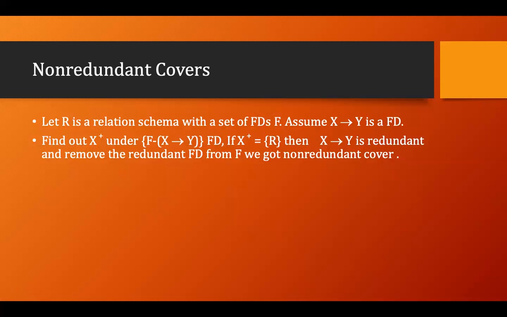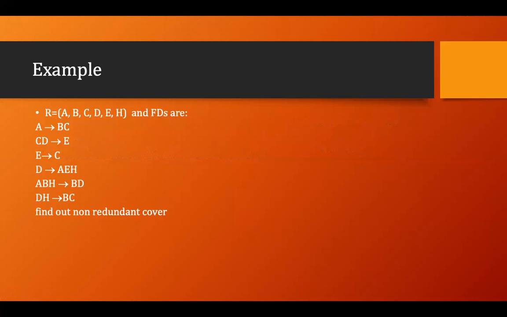Now let's see this in the form of one example. So this is one example. In this example, we have a relation R or a table R in which we have different attributes A, B, C, D, E, H. So these are my attributes. And these are the set of functional dependencies. We have to find out the non-redundant cover.